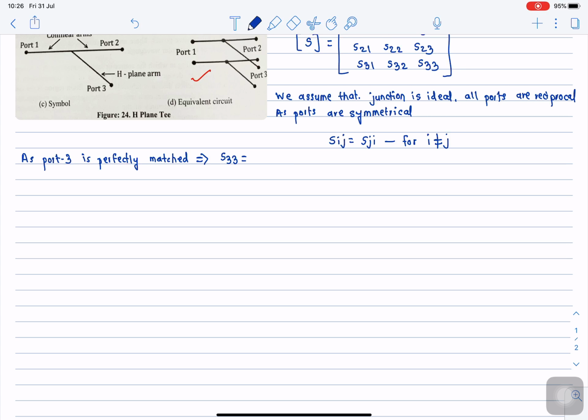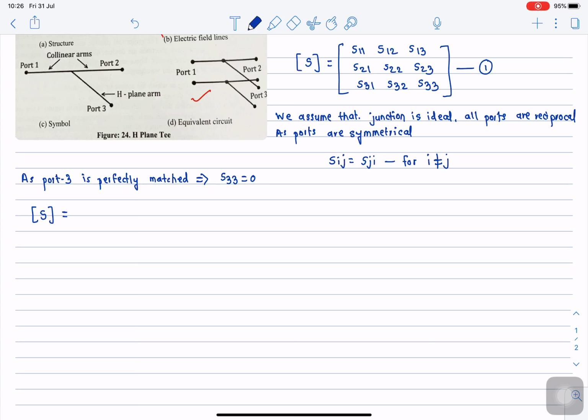So this can be written as the scattering matrix S is equal to, right? S11 as it is, S12 as it is, S13 as it is. Now here I will follow the property Sij is equal to Sji. Now I can write S21, so this particular parameter I can reverse the order by using this property, which is followed with 2 different ports.